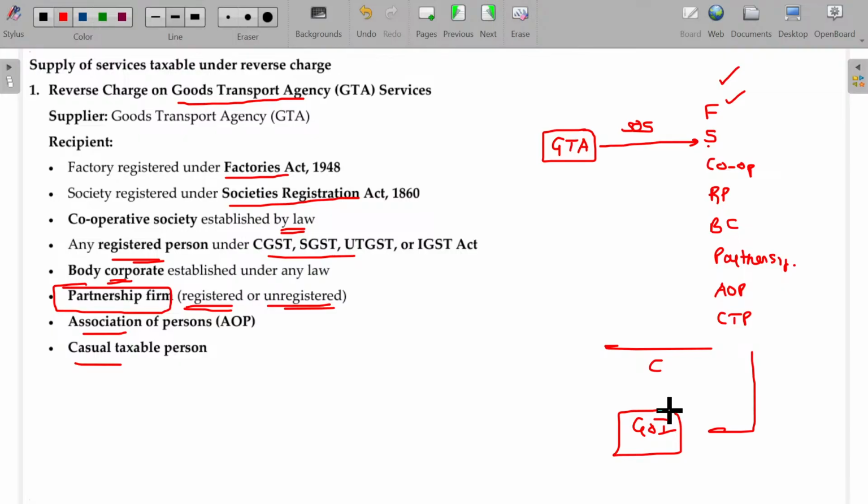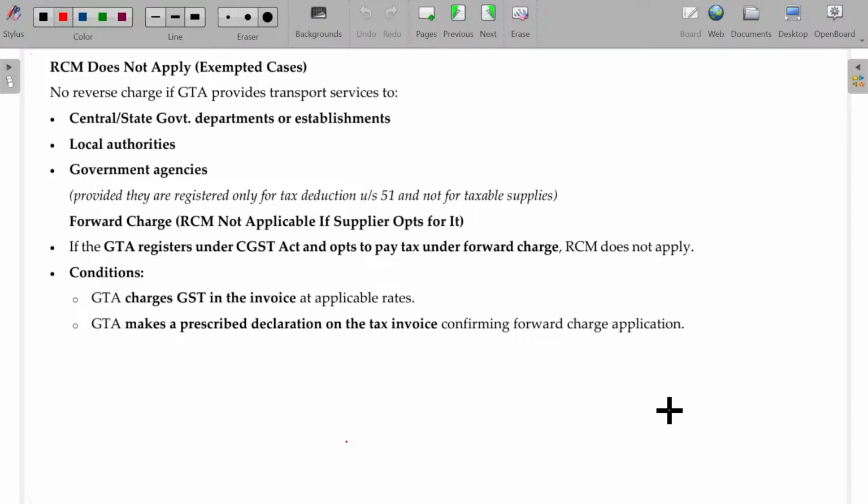Now, in case of GTA, 2 additional points are going to be discussed. If the service provided to central or state government departments or establishments, local agencies, government agencies, in these cases, RCM basis will not be applicable.